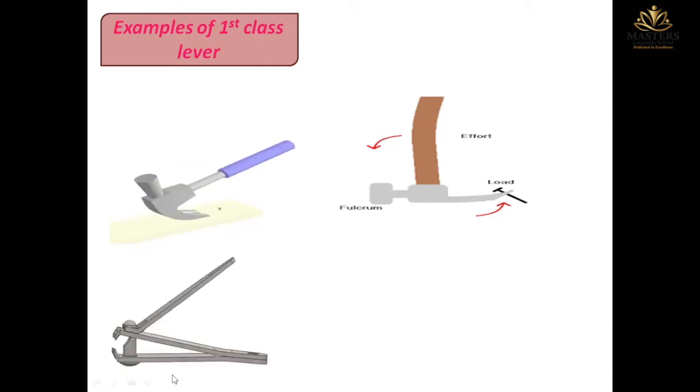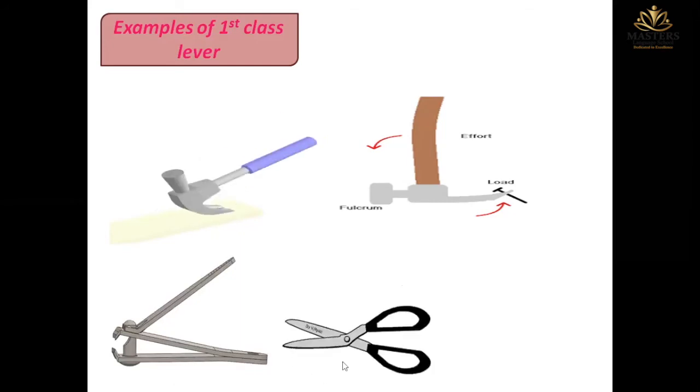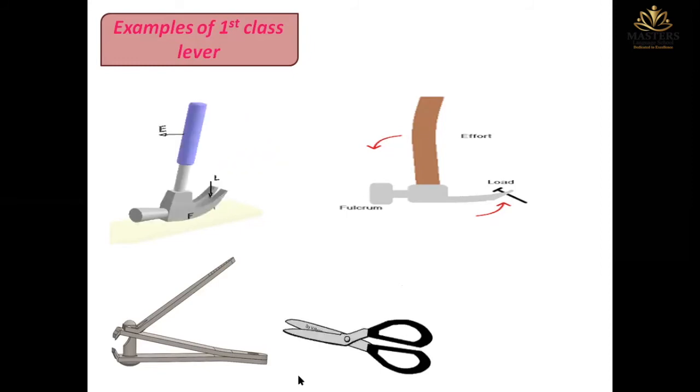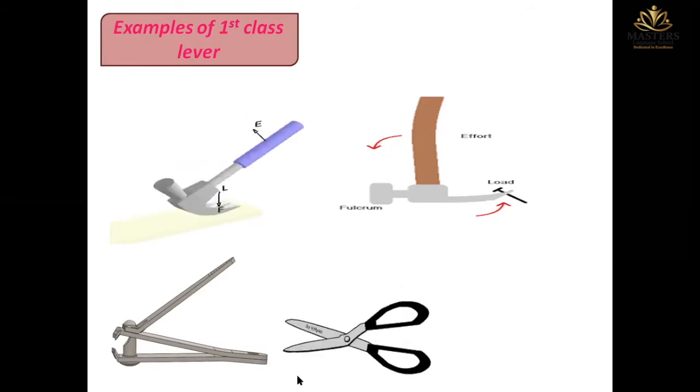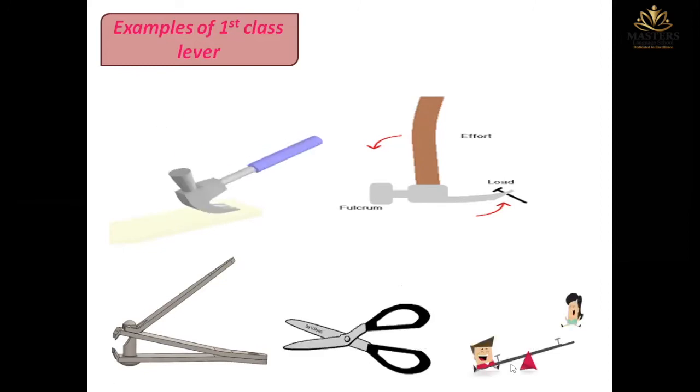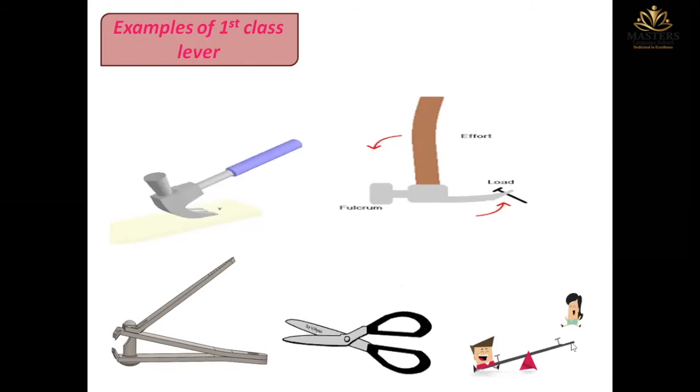And nail clippers and the scissors, both of them are composed of two first-class levers. And finally, the seesaw.